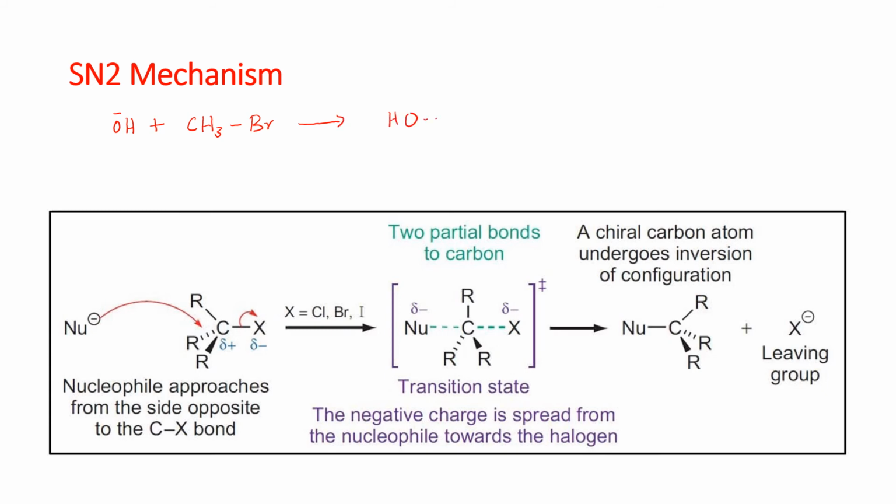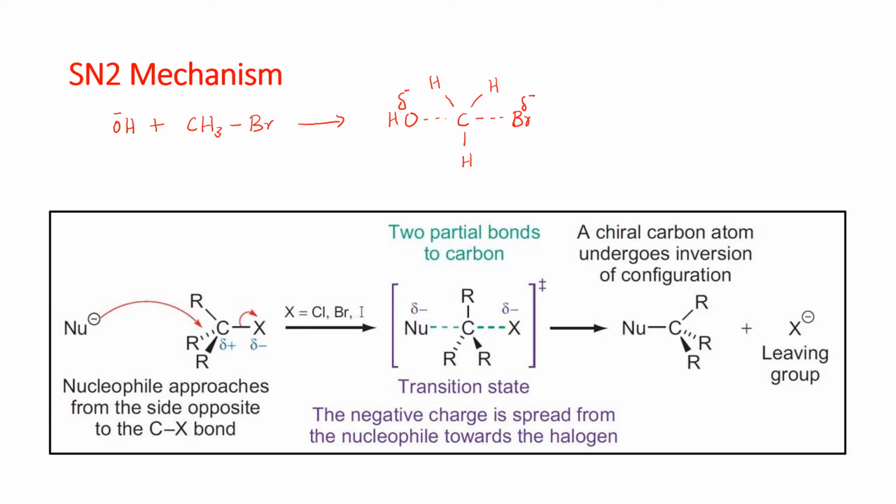That means OH minus, the nucleophile, begins to make a bond with the carbon atom of the alkyl halide. As a result, its charge decreases, becoming a partial negative charge. At the same time, the C-Br bond weakens and bromine gets a partial negative charge.